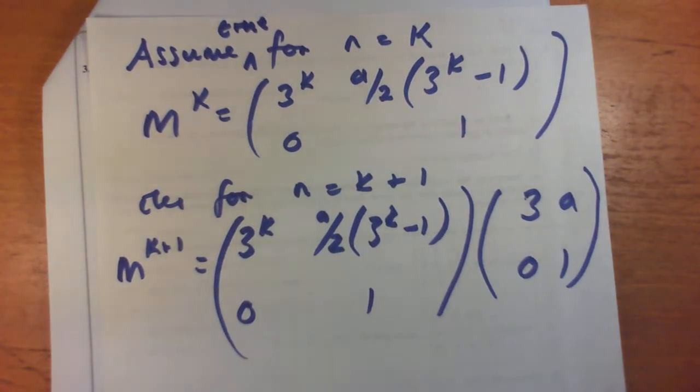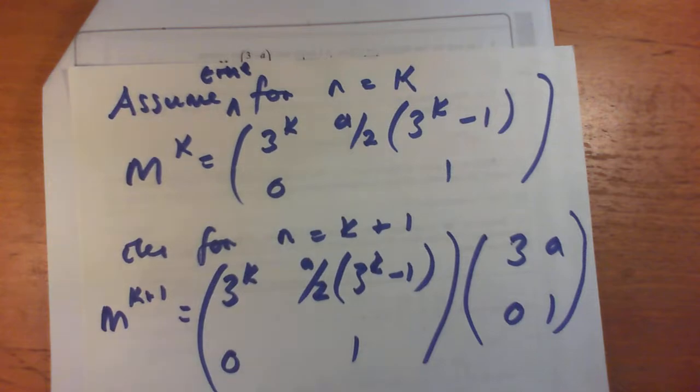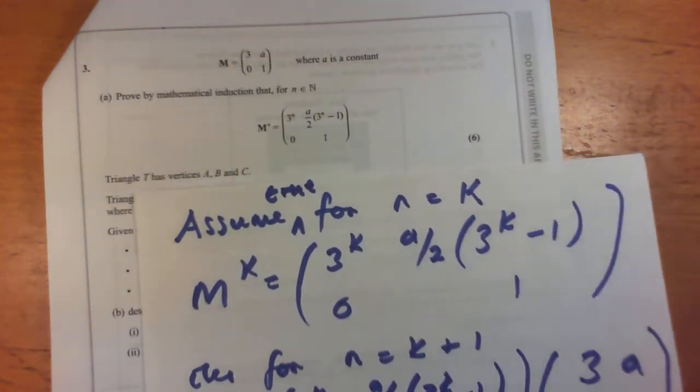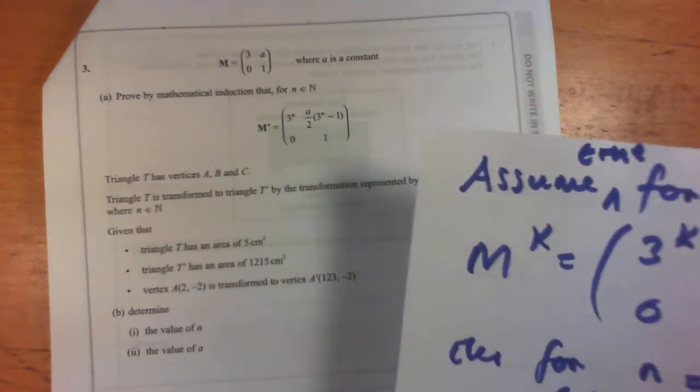That's the core of what you've done. You've assumed that if it's true for n equals k, it's then true for n equals k plus 1. And then you can add a second sentence: we've proved it's true for n equals 1, therefore it's true for all n, or for all positive integers, something like that. But that does need to be put in for the full marks.